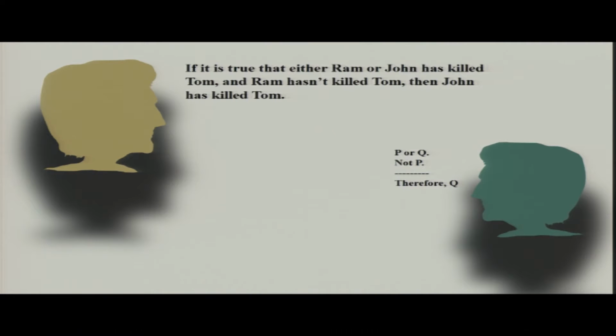This format, if we remember, we called MTP, modus tollendo ponens. We apply modus tollendo ponens on these two. If it is 1, if it is 2, we just use MTP 1, 2, because this is P or Q and this is not P. Therefore, Q must be the case.